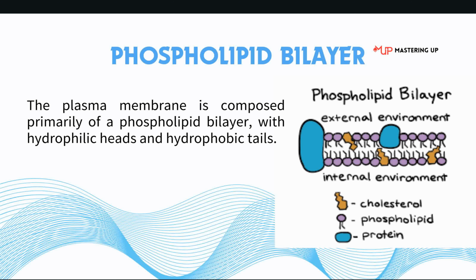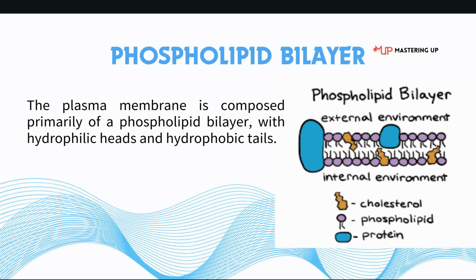You can see a straight line which is the saturated lipid tail, and the other one which is not straight is the unsaturated fatty acid. You can see the head part which is hydrophilic and the tail which is hydrophobic.